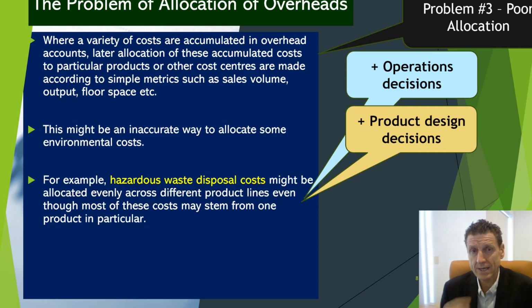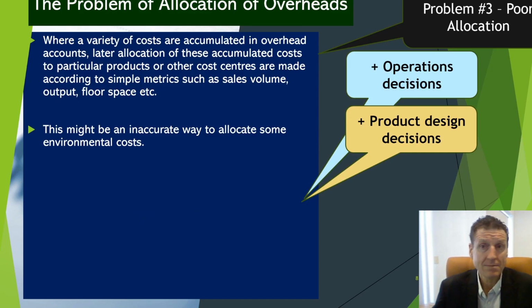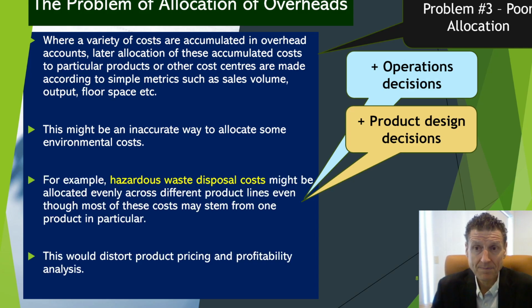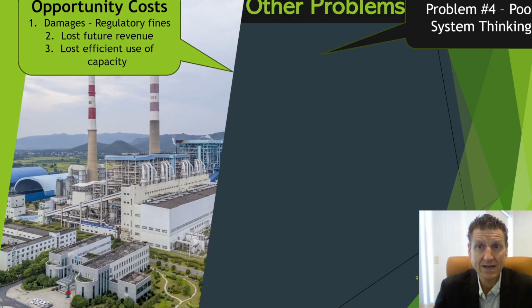How about we invest some money and try and redesign that product so in the process of making it, we don't incur as much waste? Okay, all right. So what else can we learn? As a summary of just what I said, this would distort the product pricing and profitability analysis.